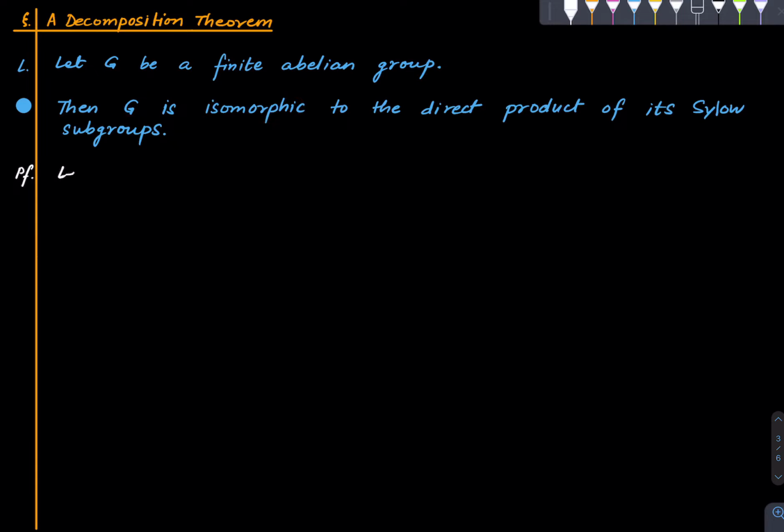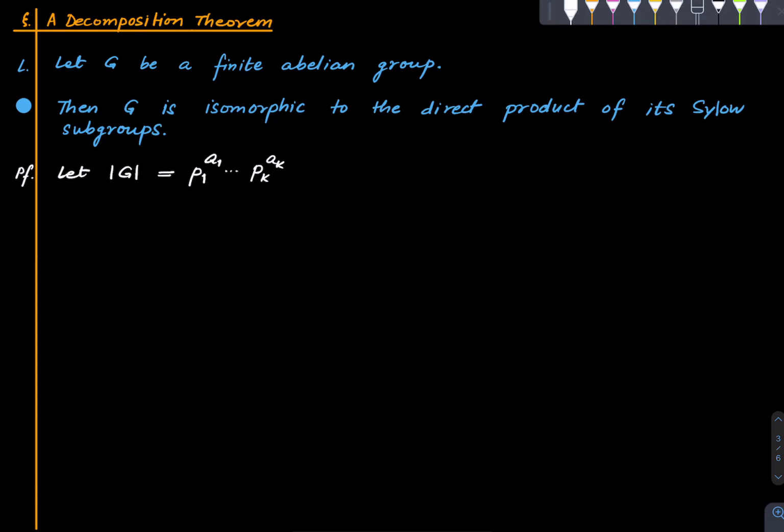So let the order of G be equal to p1 to the power a1 up to pk to the power ak, where of course p1 up to pk are distinct primes, and each ai is a positive integer.